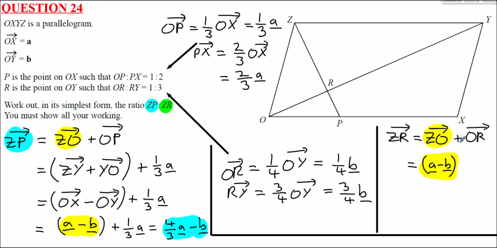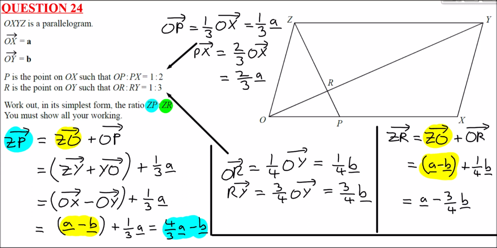And then the vector from O to R, well, we've got here from before that O to R was simply a quarter of b. So we can add on a quarter of b. So a is just obviously a, minus b plus a quarter is the same as minus 3/4 of b.